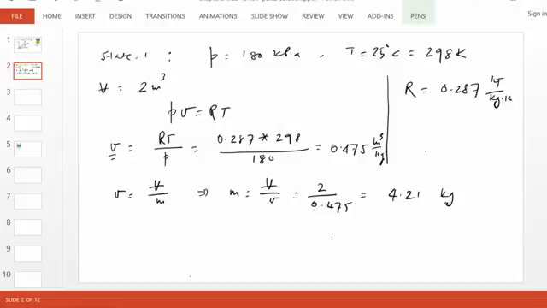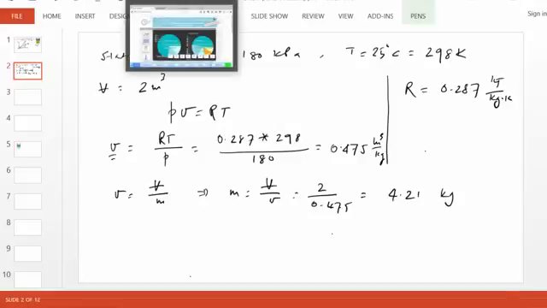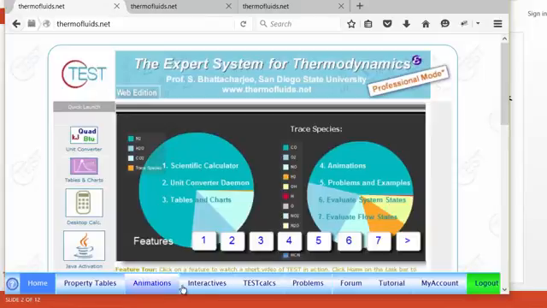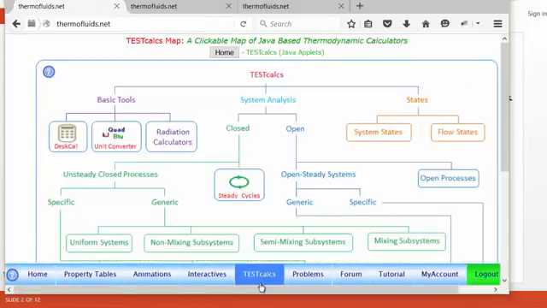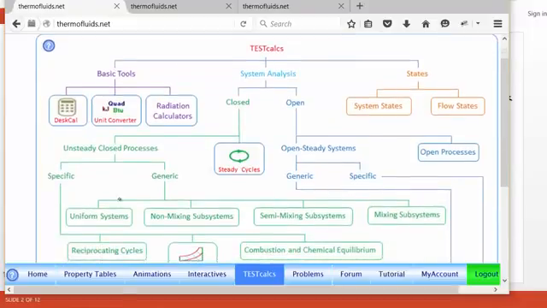So let's quickly verify, because a mistake is always possible. So we go to TESTcalc, and we follow the system analysis, a closed system in this case, and it's going through an unsteady closed process, and we have a generic uniform system.